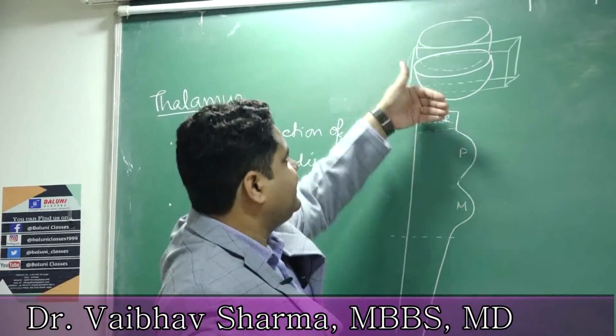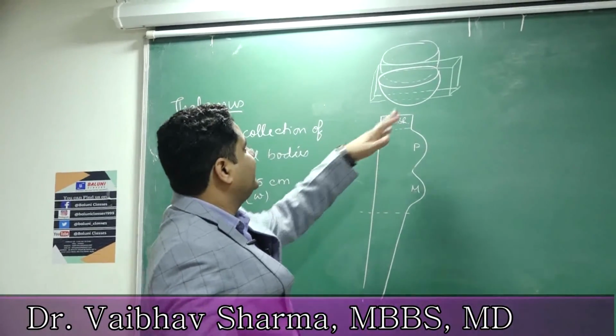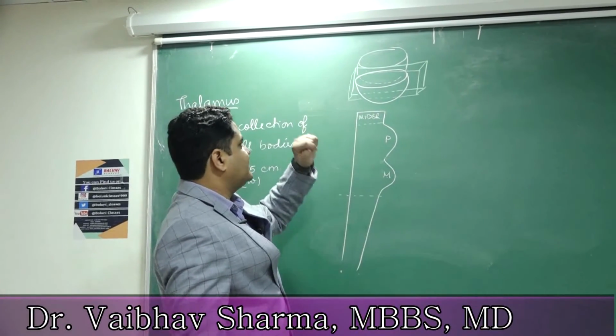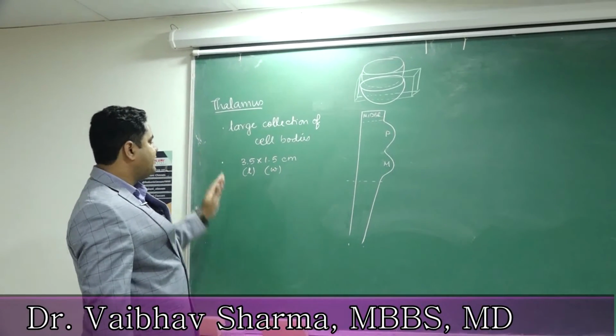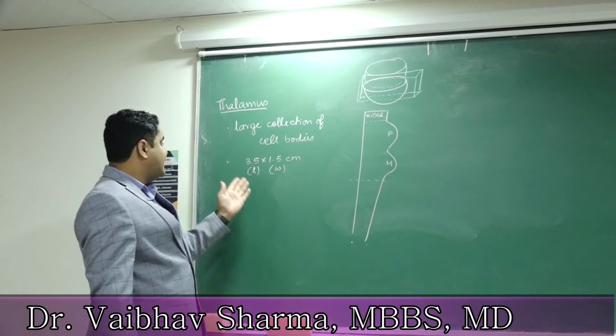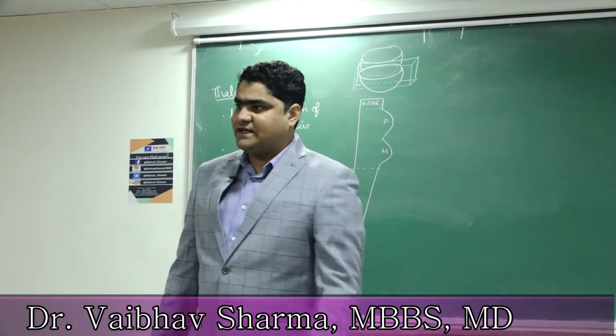This water body present between these two thalami of right and left side is third ventricle, and these thalami are large collection of cell bodies. The dimensions are 3.5 into 1.5 centimeters.